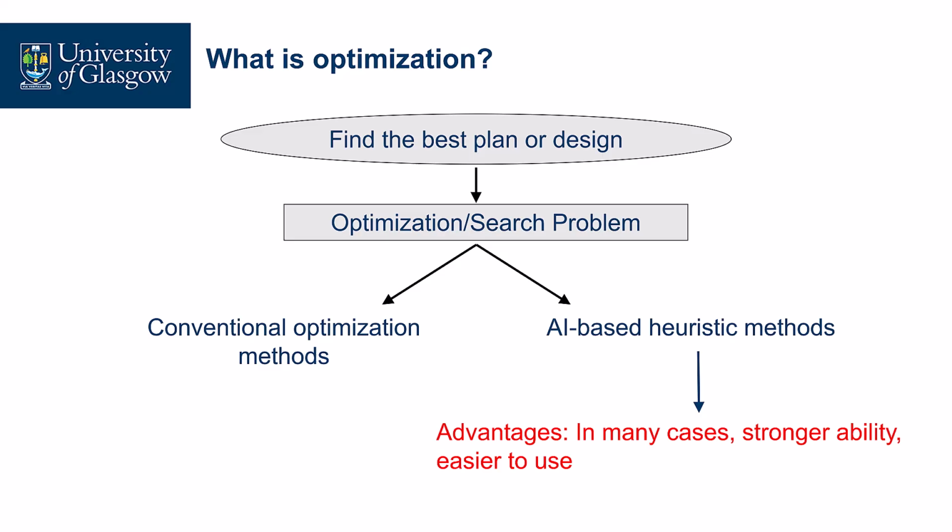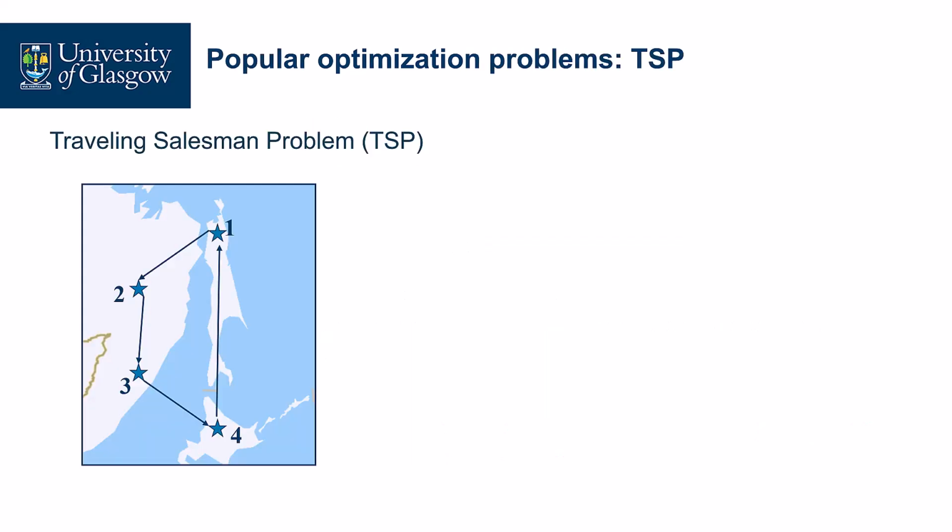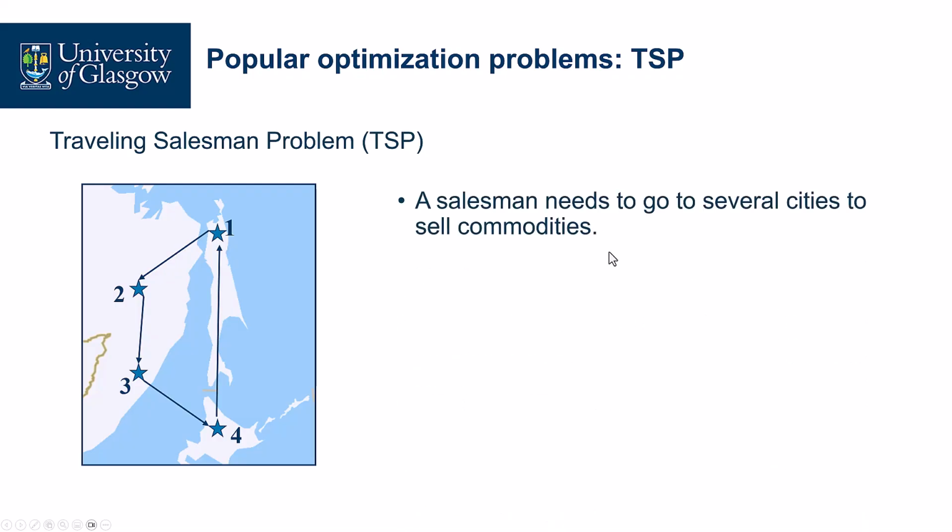Now let's first see some popular optimization problems. The first one is TSP, the traveling salesman problem. I think you might have heard of that before. There are several cities that the salesman needs to travel to sell commodities. However, he has many travel routes, many travel plans.